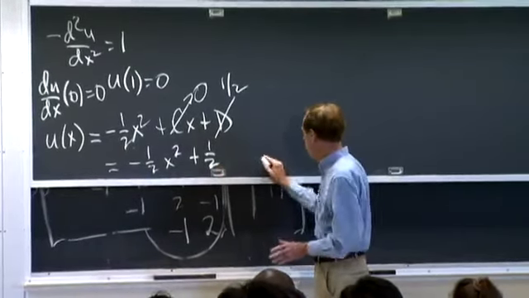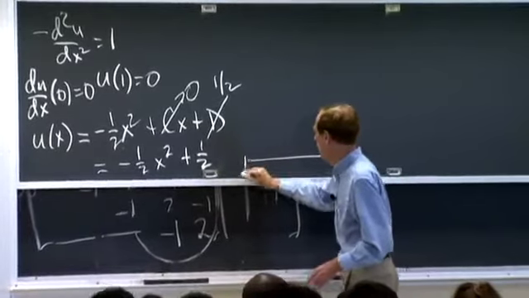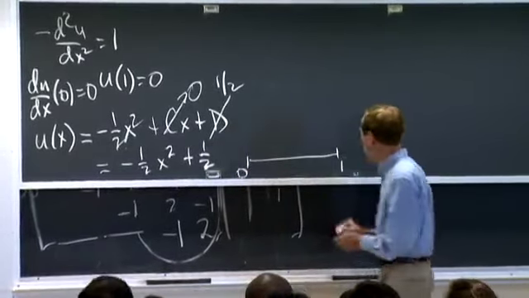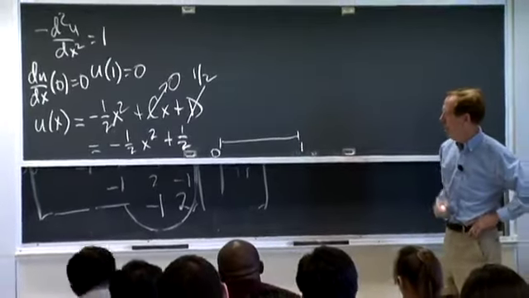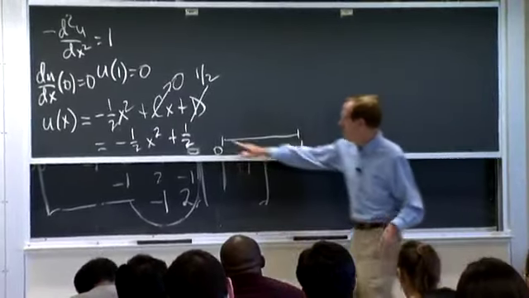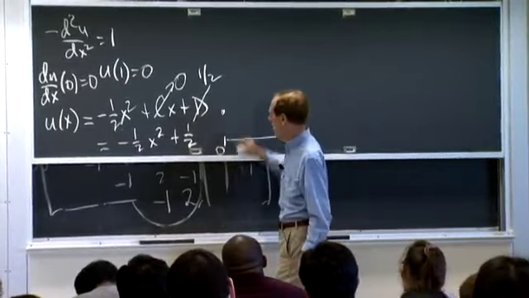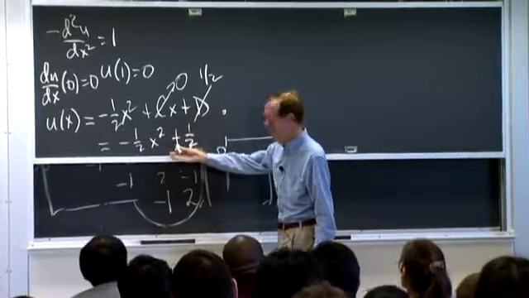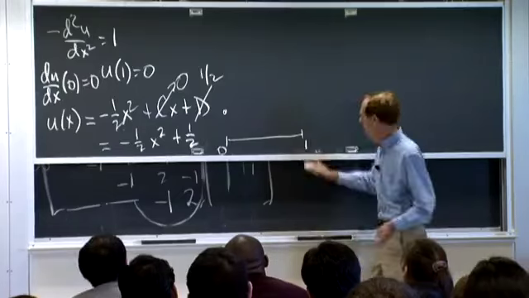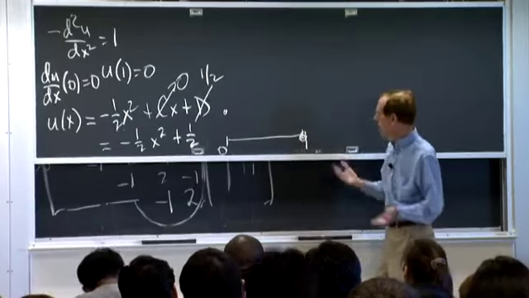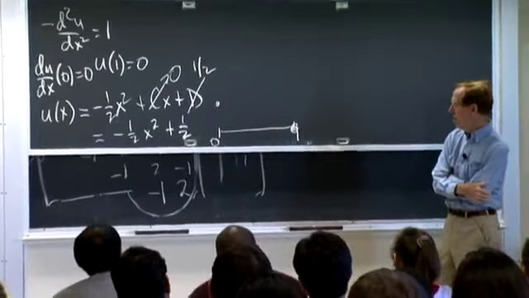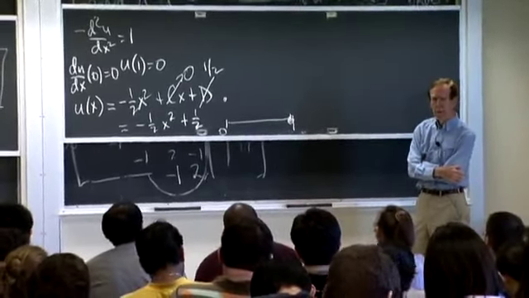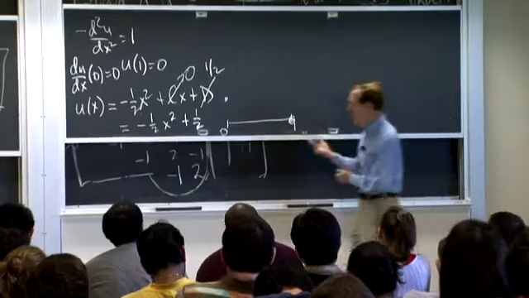Okay, and now let's graph it. Always pays to graph these things between x equals 0 and 1. What does this look like? It starts at 1/2 at x equals 0, and it's a parabola, and I know it goes through this point. What else do I know? Slope starts at 0.